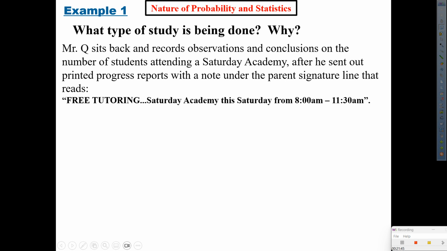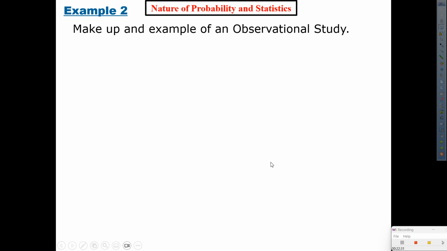All right, Mario, go. Why observational? That's it. All they're going to do is record how many they sell. There's nothing manipulating anybody.